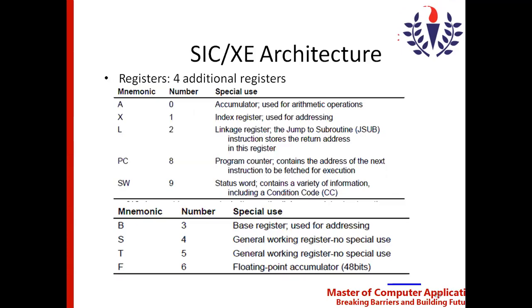Coming to the second feature, registers. We already discussed the 5 registers in SIC. Those 5 registers are also used in SIC/XE. In addition to that, we have 4 more registers: B, S, T, and F. The B register is the base register and is used for addressing purposes, and the S and T registers are general working registers, also called general purpose registers.